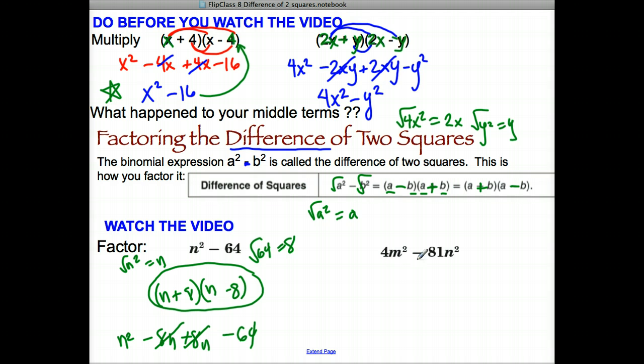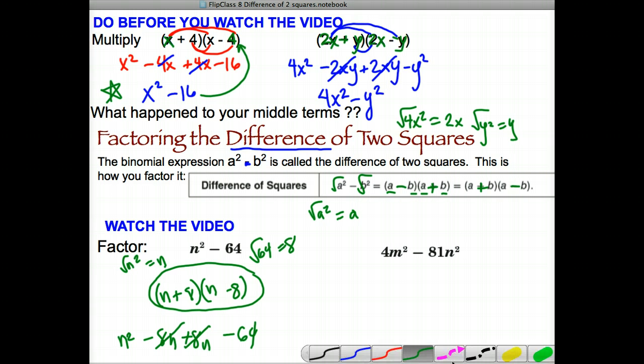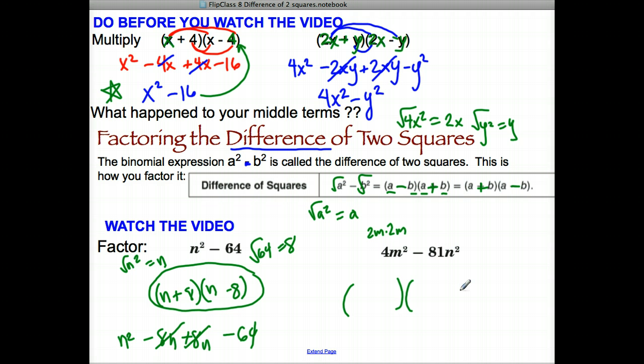So here, we have two perfect squares. What's the square root of 4m squared? That's just 2m, because that's 2m times 2m. What's the square root of 4m squared?